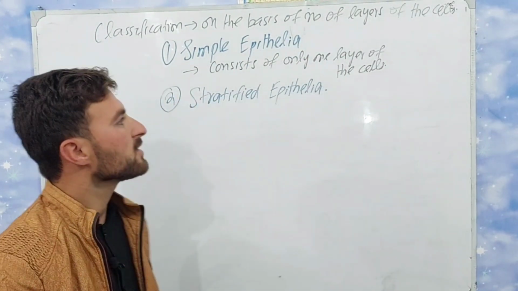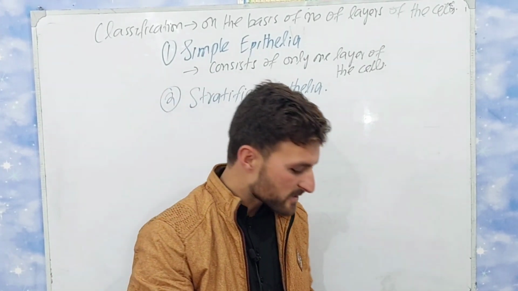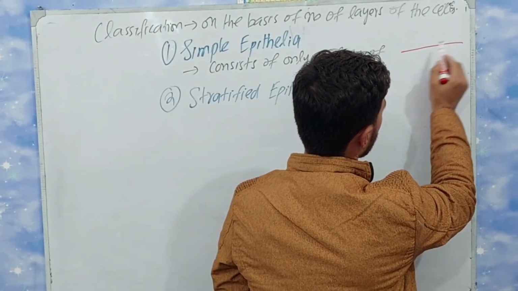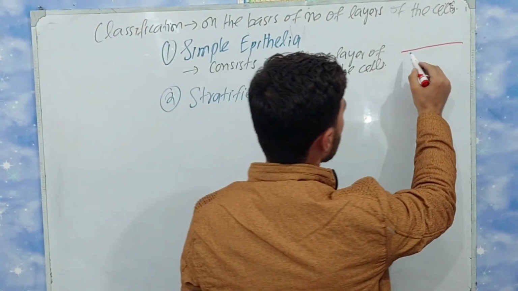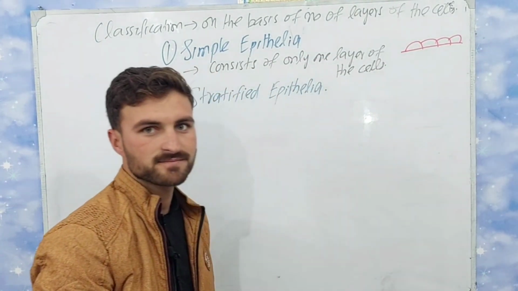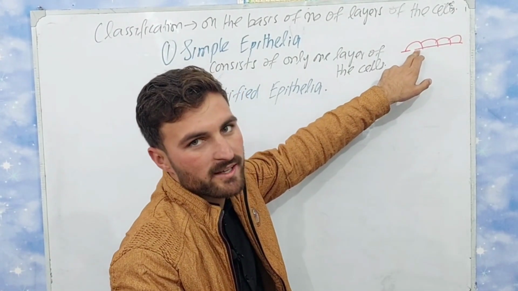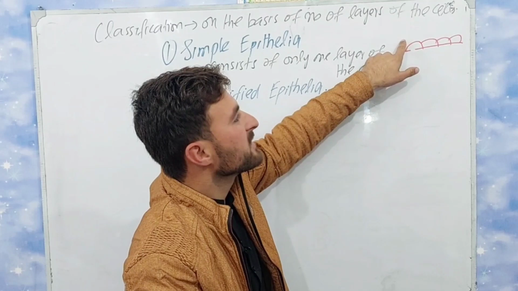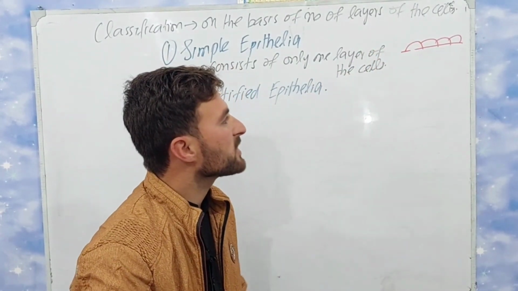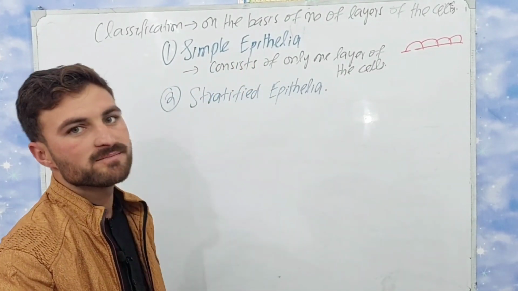Let's suppose we have a basement membrane. So on this basement membrane, there will be only one layer of the cell. If you observe, there is only one layer. We do not see another layer. So if there is only one layer, that will be simple epithelia.